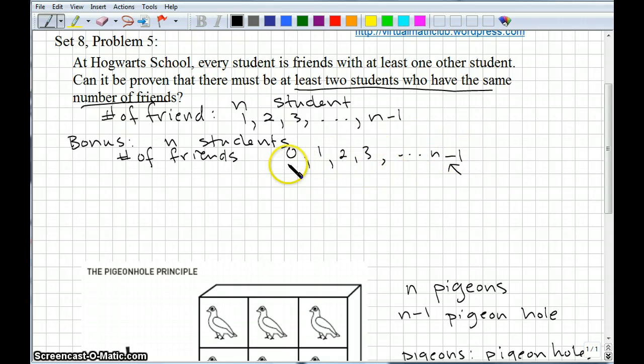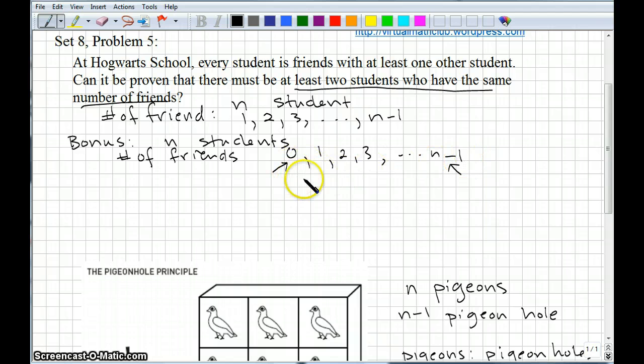So this poor kid over here with no friends has to have a friend, because the person with n minus 1 friends is a friend of that person. So we can't have both. We can't have 0 and n minus 1. By the same token, if someone has 0 friends, then this guy over here can't have n minus 1 friends.